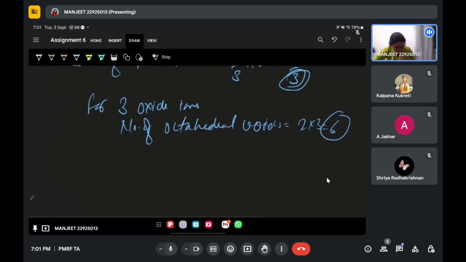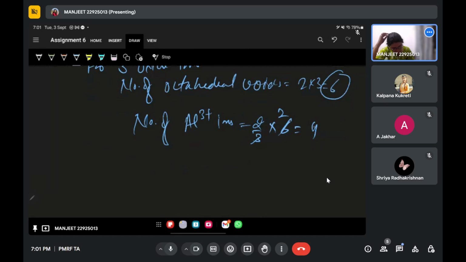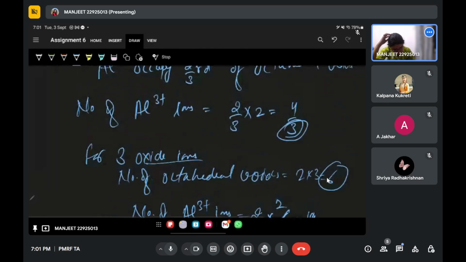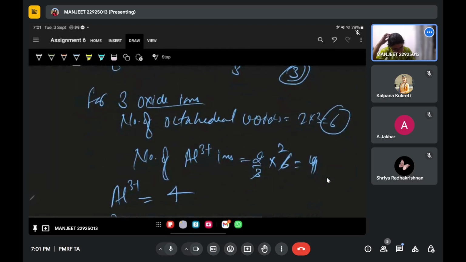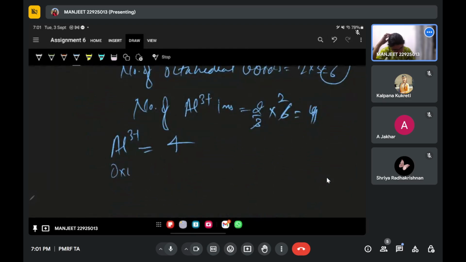So the number of aluminium ions will be 2/3 into 6, that will give you 4. So aluminium Al3+ is 4, and oxygen O2- is 6.